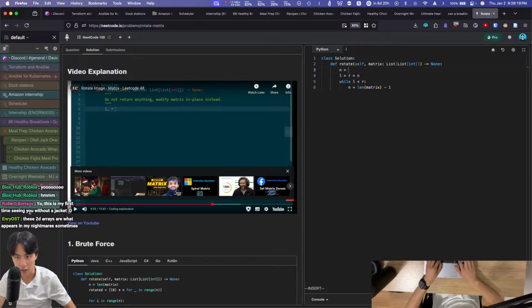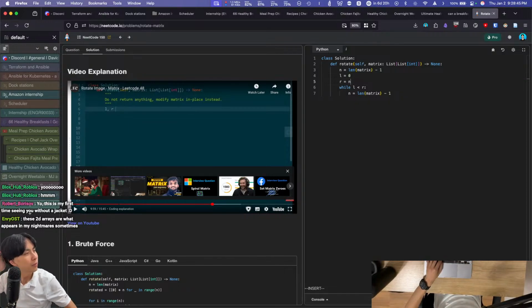Right, N is equal to len of matrix, technically minus 1. L is equal to 0. And R is equal to N. That's right.